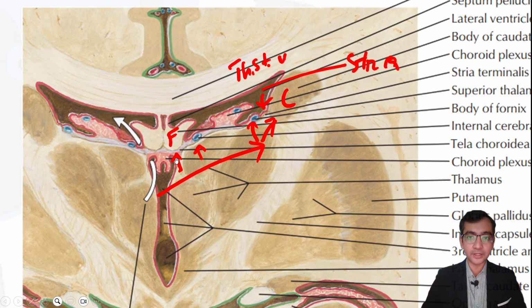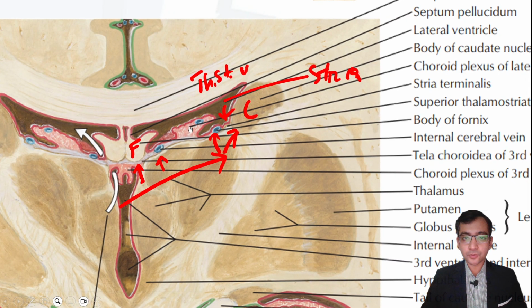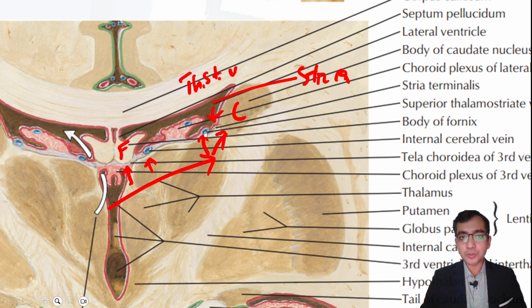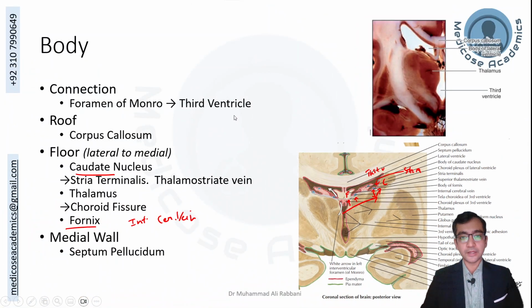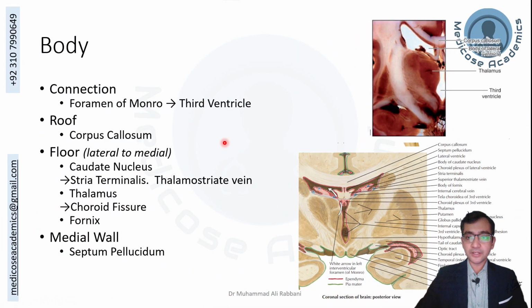On the inferior aspect of the body, there is a fornix, then there is a choroid fissure. Here the choroid plexus enters, then the internal cerebral vein, then the choroid plexus of its own. It's not the floor, it's its own part. Then there is a thalamostriate vein, there is stria terminalis, and there is caudate nucleus on the lateral aspect. And the medial wall we already saw was made up of septum pellucidum.